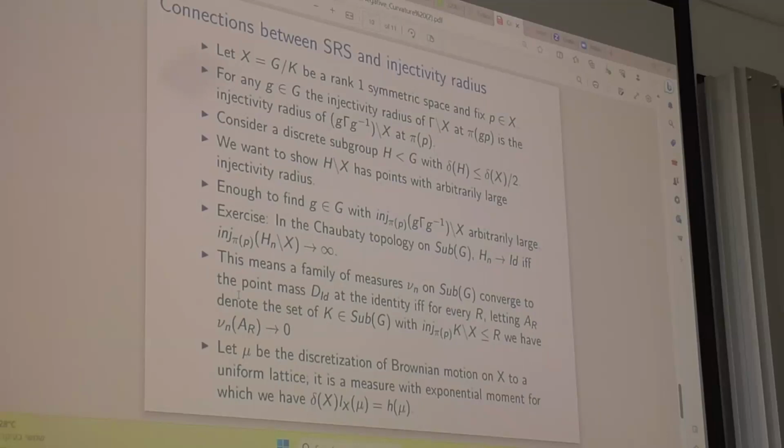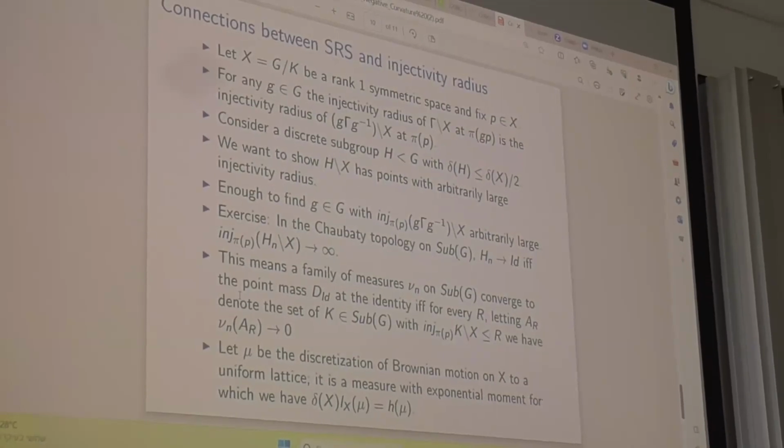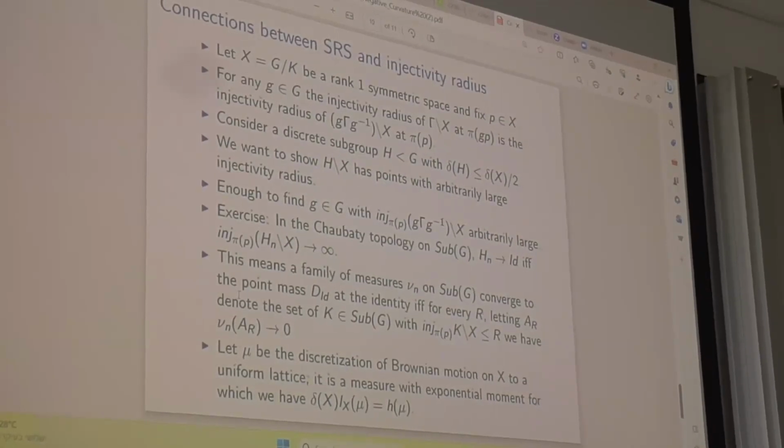Okay, so now we're considering a discrete subgroup H. And we assume the critical exponent of H is pretty small, at most half of the maximum. We want to show that x mod H has unbounded injectivity radius. It has points with arbitrarily large injectivity radius.